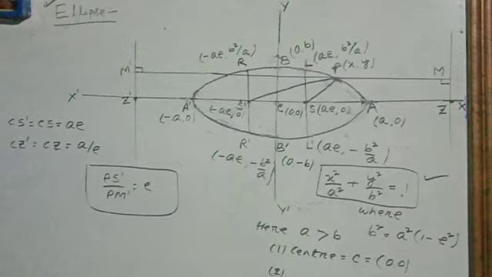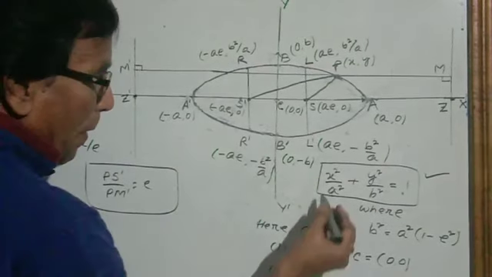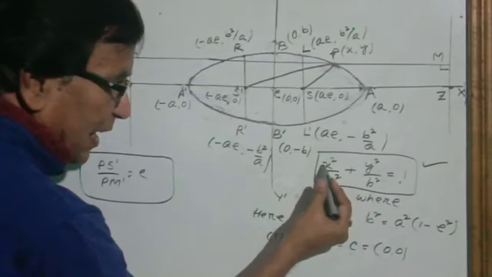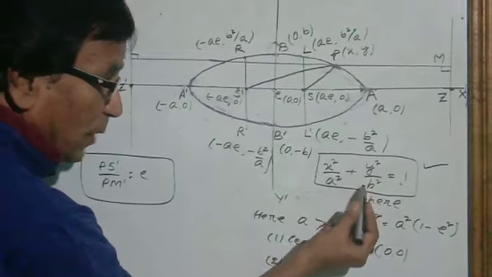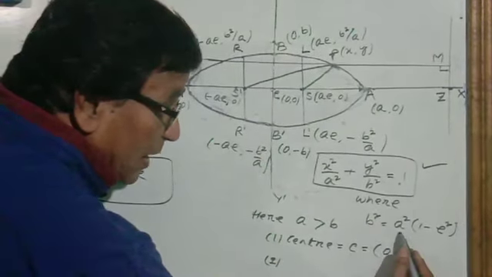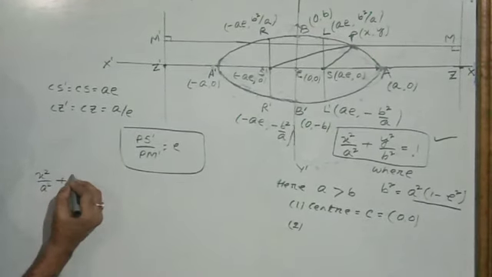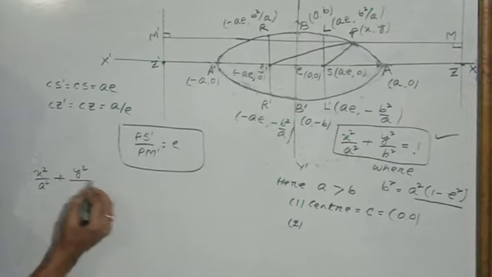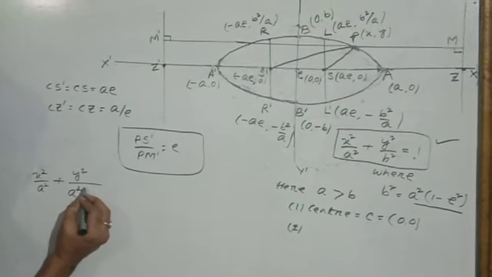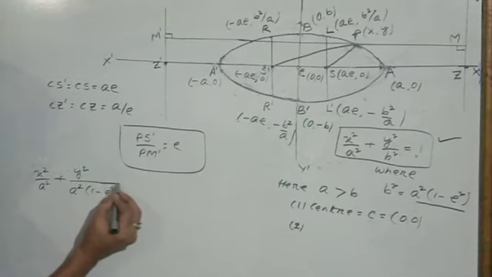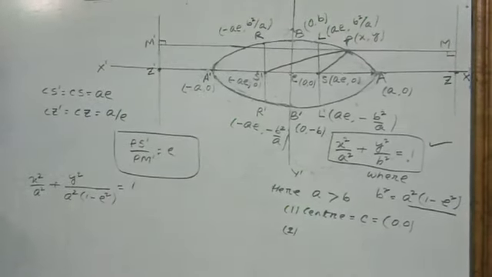Now here you see from the equation of the ellipse, we are getting that x square by a square plus y square by b square, where b square is equal to this thing. So from the equation of the ellipse we are getting that x square by a square plus y square divided by a square into 1 minus e square is equal to 1.